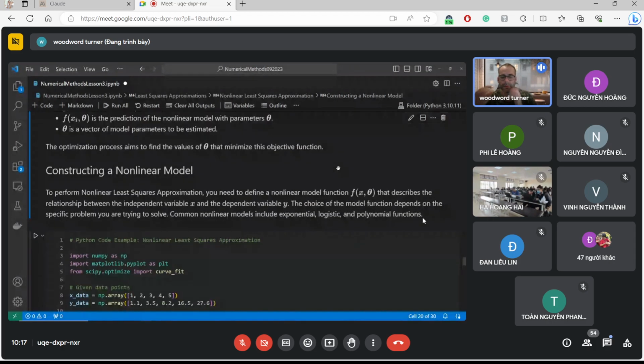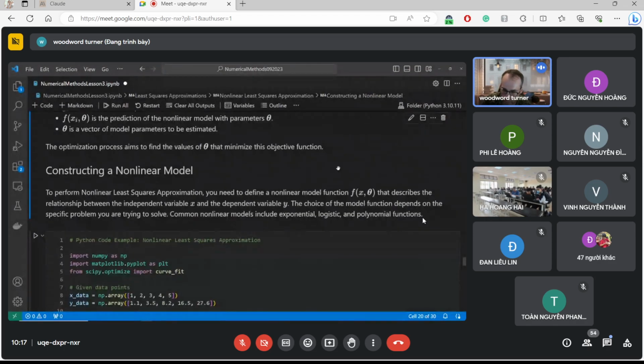Okay, so to do a nonlinear least squares approximation, we need to define a nonlinear model function, right? F of x, theta, that describes the relationship between the independent variable and the dependent variable, x and y respectively.